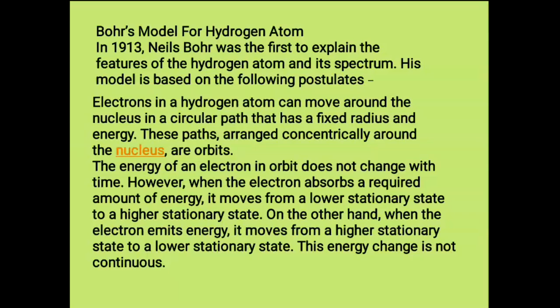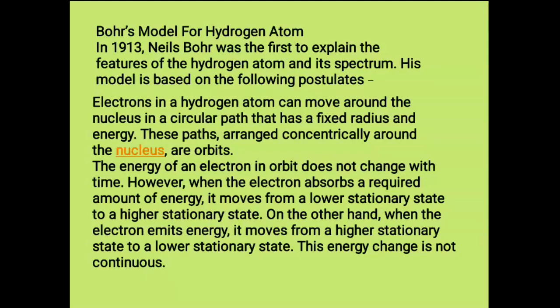But before we proceed to Bohr's model for hydrogen atom, the major limitation of Rutherford model was that Rutherford model was not able to explain that while moving, an electron loses energy and ultimately it will come closer to the nucleus and fall into the nucleus.